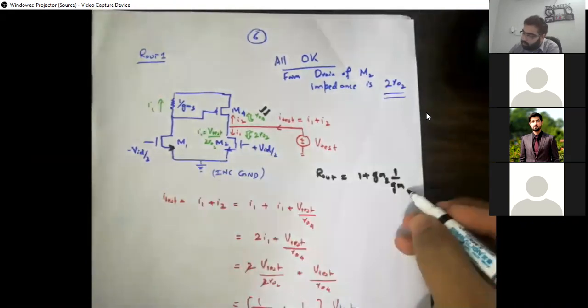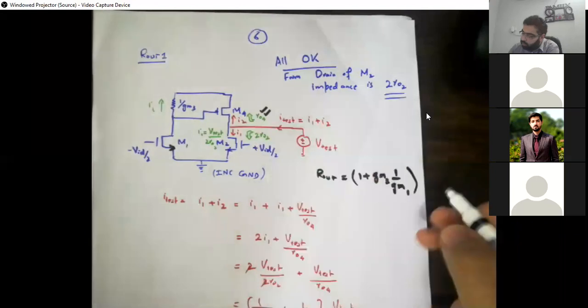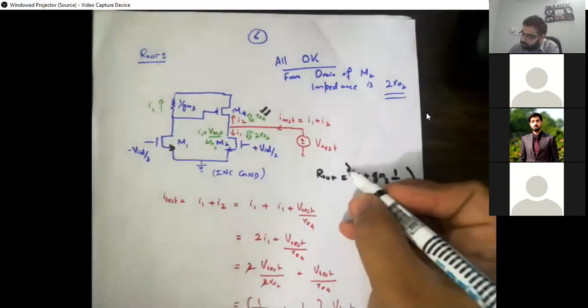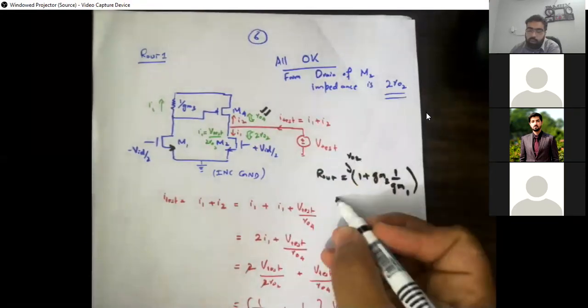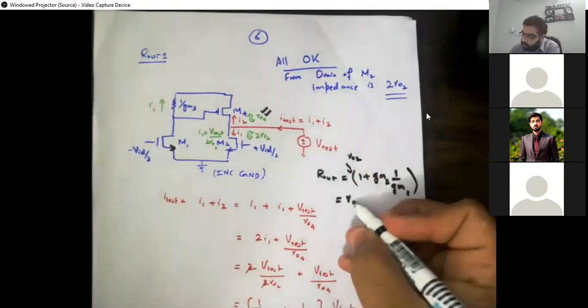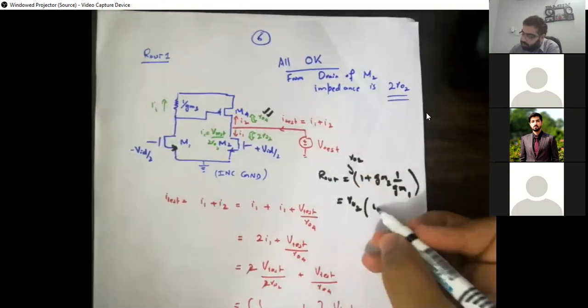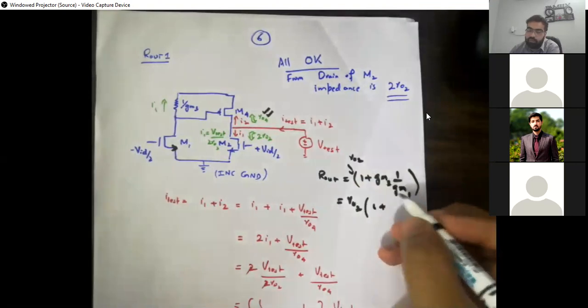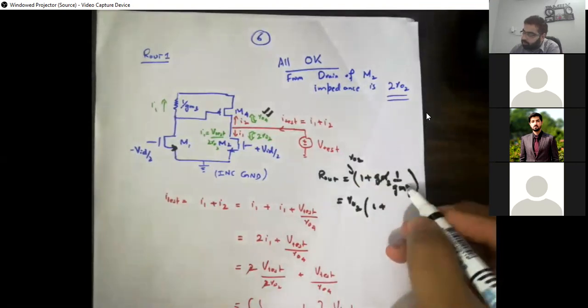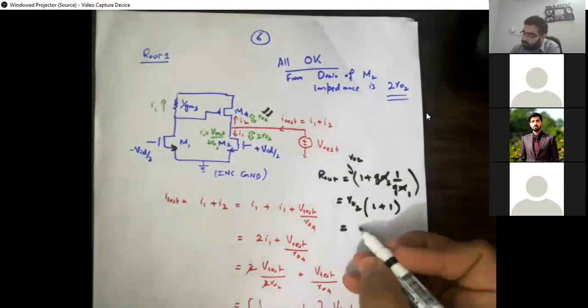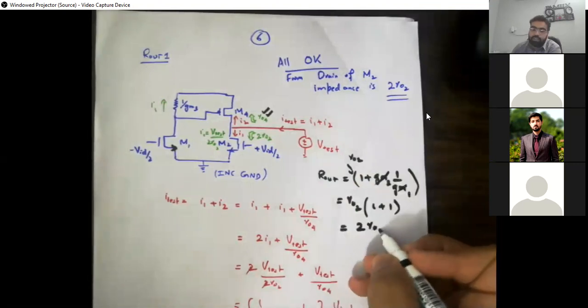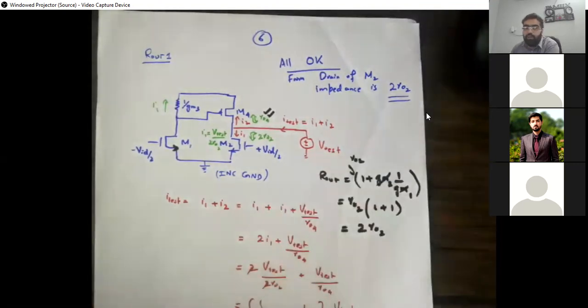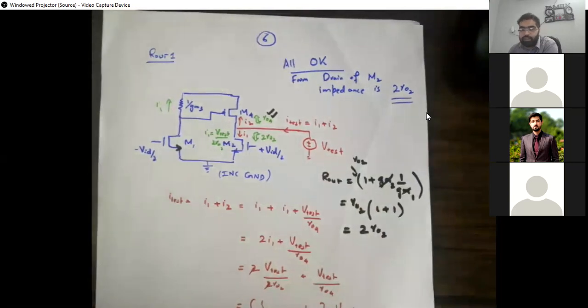So 1 over GM1 times RO2. GM1 and GM2 are the same, so it's going to be RO2 times 1 plus 1 by GM1, and it will be cancelled out by GM2. So it will be 1 plus 1, 2. So it's going to be 2 RO2. So the impedance seen from the drain of M2 is 2 RO2. Okay. So first thing, the impedance seen from the drain of M2 is 2 RO2.